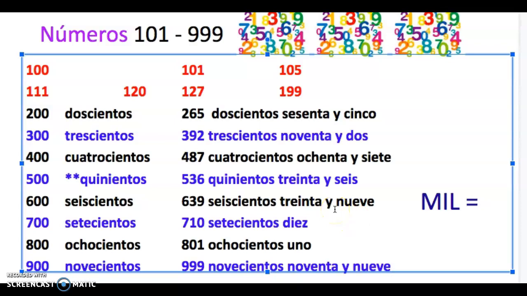So here are your answers. Again, we didn't use an E after our hundreds. We only used it between our tens and our ones. That's the only place. Yep, okay. I thought I made a mistake. So 487, 536, 639, 710.